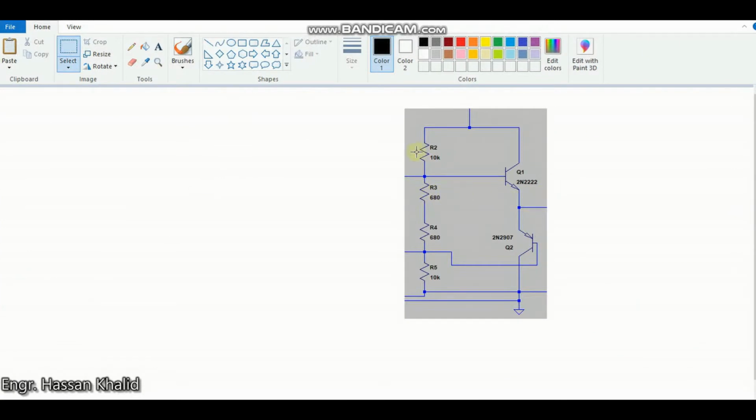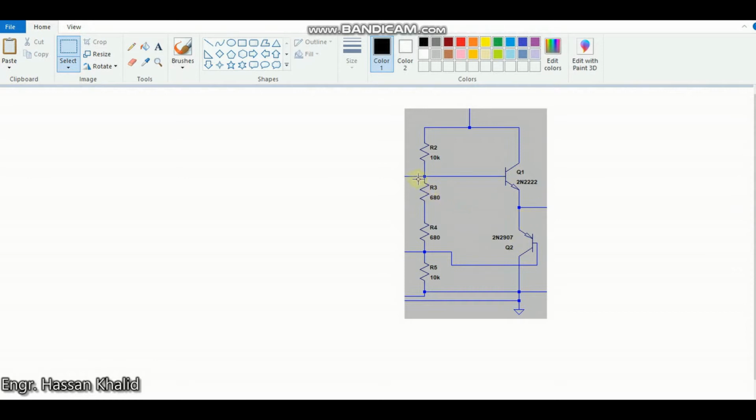Okay, now this is our voltage divider circuit that is connected at the base of Q1 and Q2. One is the NPN and the other one is the PNP transistor. Both are assumed to have the same characteristics, so that they must conduct at the same time with the same specifications.